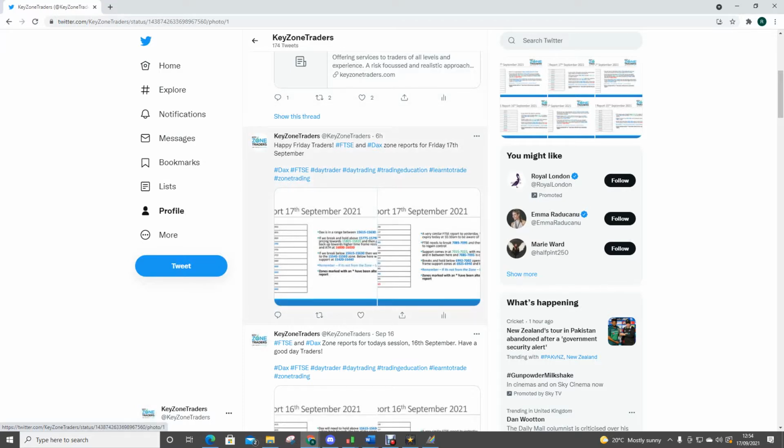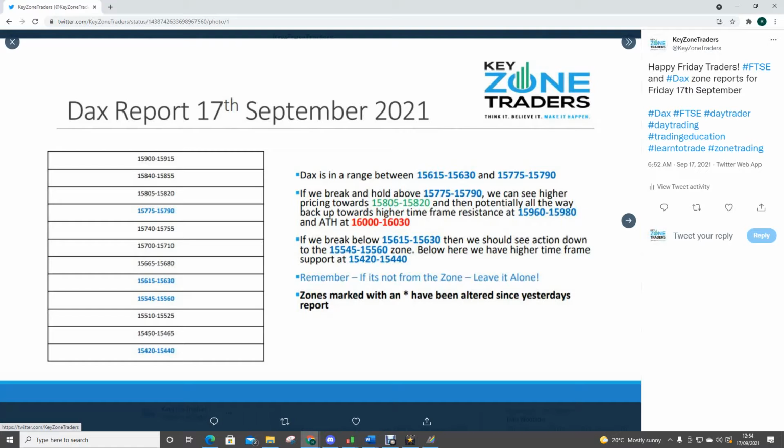Here we provide a template and framework of zones that are of relevance in the DAX today in terms of support and resistance, and we said that the DAX is in a range between 15615 to 630 and 15775 to 15790. So this was the top of the range and therefore resistance, and likewise this was the bottom of the range and likely to be support.